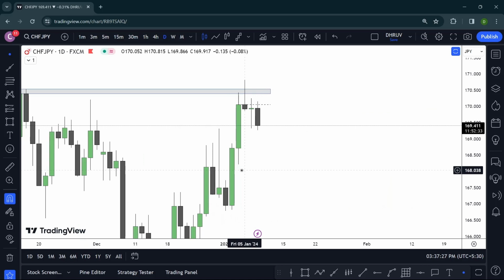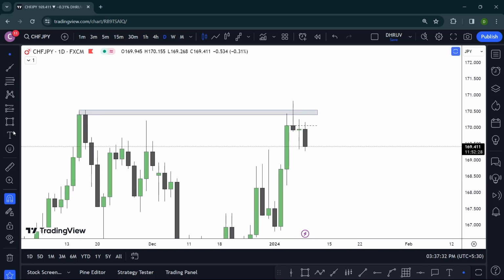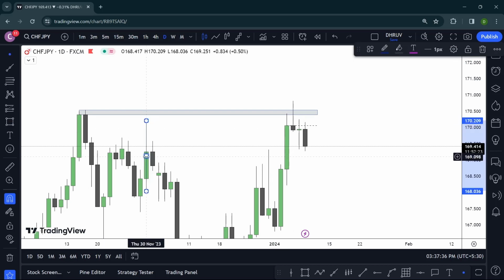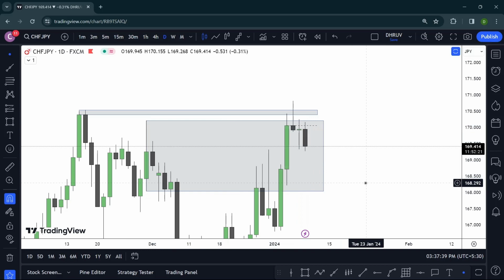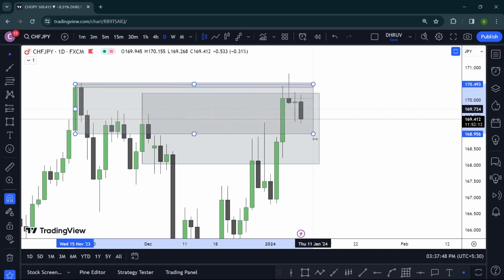Also, one more thing to notice is this is like an engulfing sell. There's something I want to tell you: in the engulfing concept, we don't work with fresh and unfresh zones.